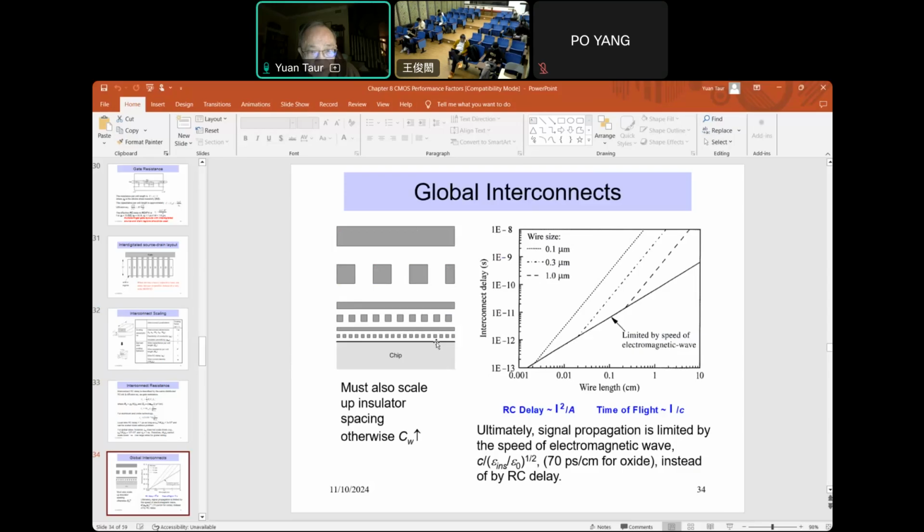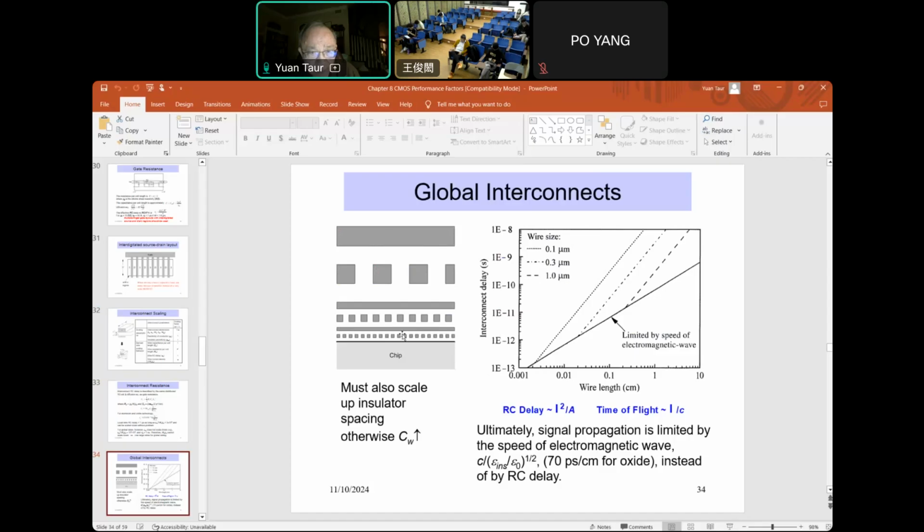Okay? And so by doing that, we use the large wire for long distance wire from chip to chip, one corner of a chip to the other corner. And we use this one, so that will allow the interconnect delay to be small on long wires.